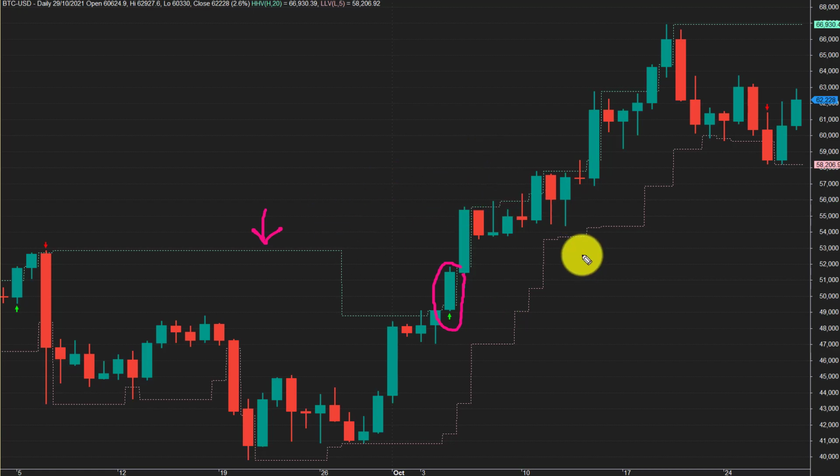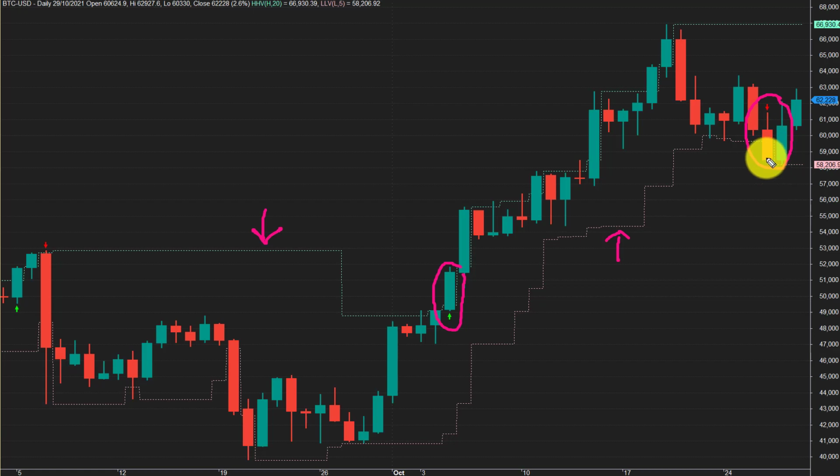So on that day, this system buys the Bitcoin, and it holds it until the price breaks below the 5-day lowest low. And that 5-day lowest low is visualized on my chart here with this dashed line, which is a different color. And we can see that that took place on this day here, where the closing price of this day is below that line.